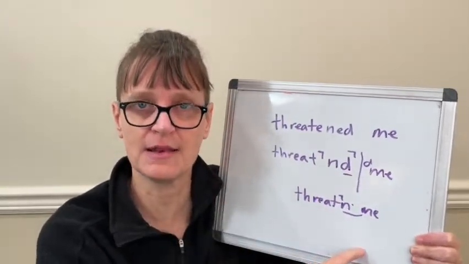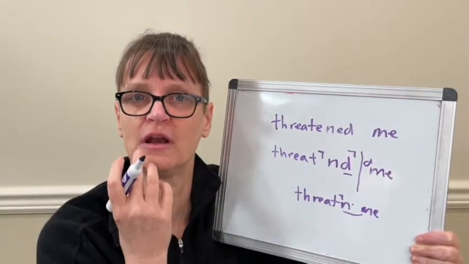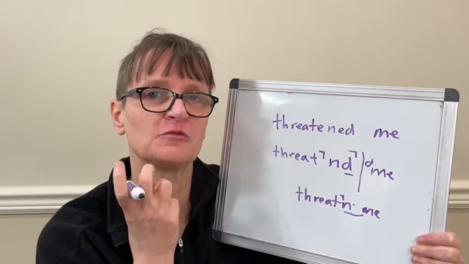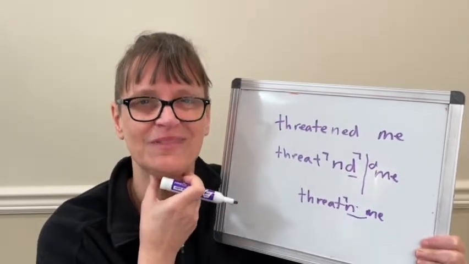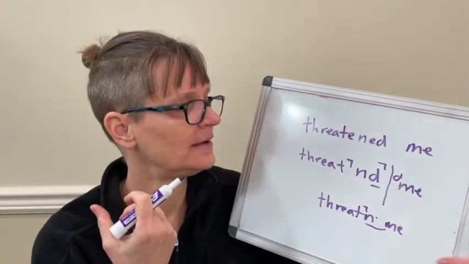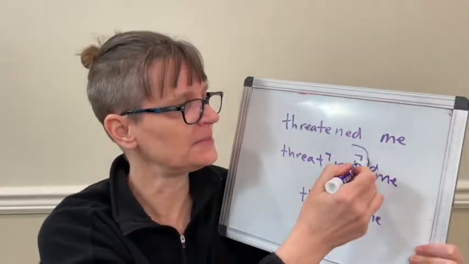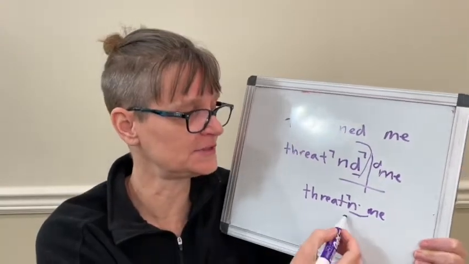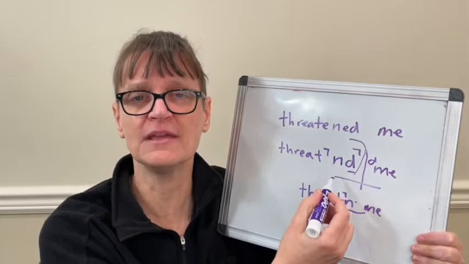So threaten me, no break, and I can just go, threatened me. I'm kind of swallowing that D, kind of a little bit glottally, a little bit back, threatened me. He threatened me. So this, with the stop D, is probably how most people would say it, which was why it's hard for you to hear the difference between threaten me and threatened me.